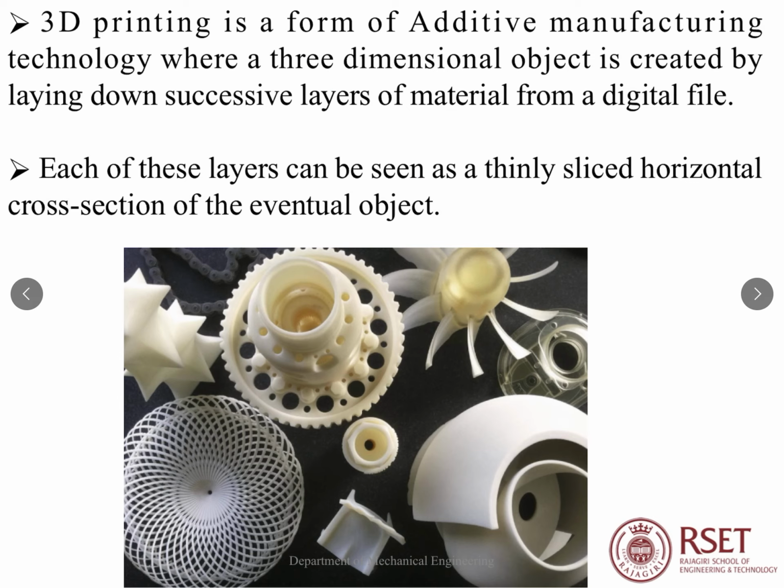Each of these layers can be seen as a thin sliced horizontal cross section of the eventual, final object. So we can see a number of components produced using 3D printing. It's also an additive manufacturing process.